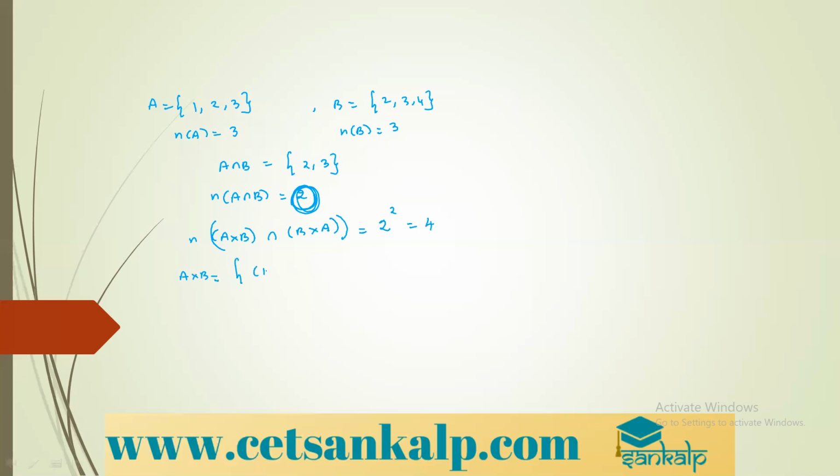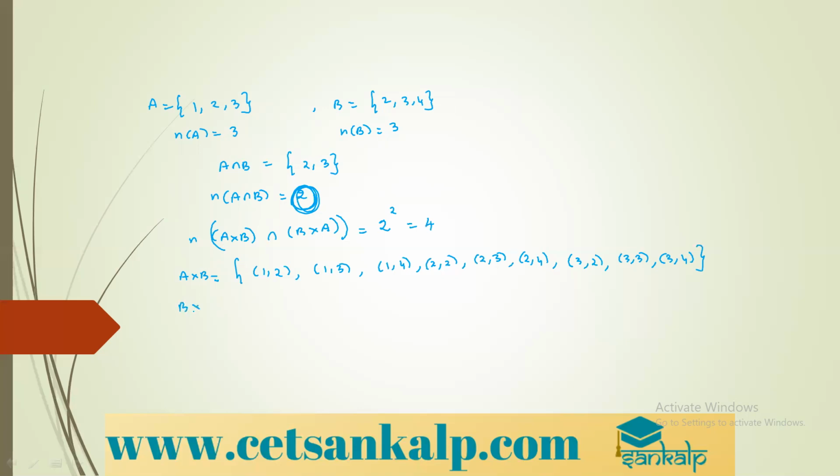A cross B will be (1,2), (1,3), (1,4), (2,2), (2,3), (2,4), then (3,2), (3,3), (3,4).